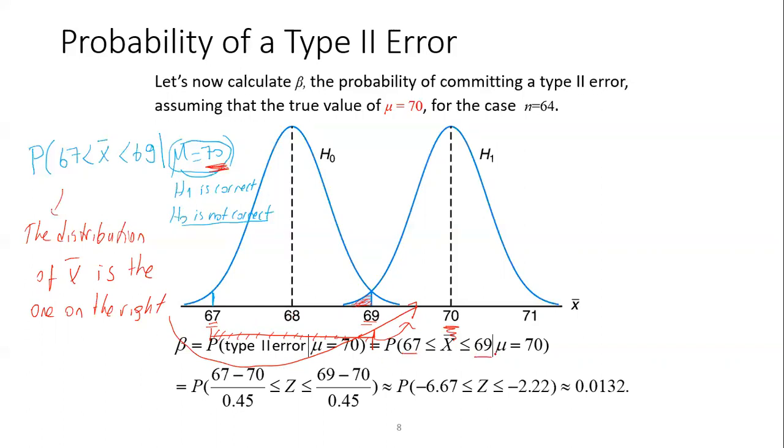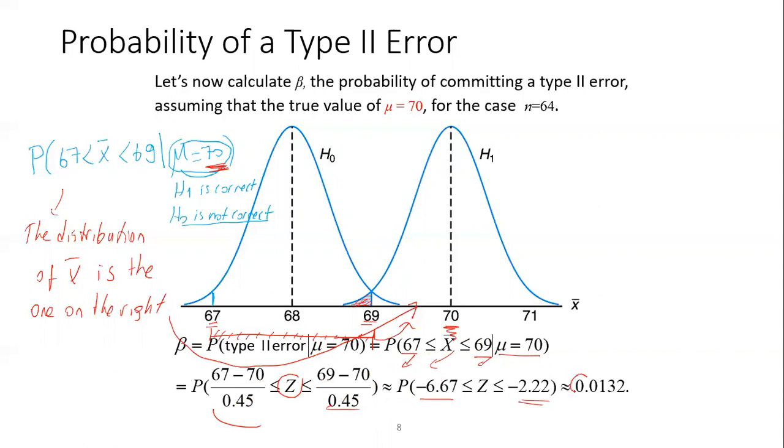67, 69. So let's find this probability mathematically. Given mu is equal to 70, just plug in mu is equal to 70 here and here and here. So this one becomes Z, and the values here are minus 6.67, and on the right-hand side minus 2.22.